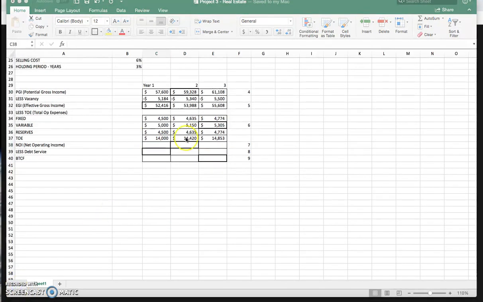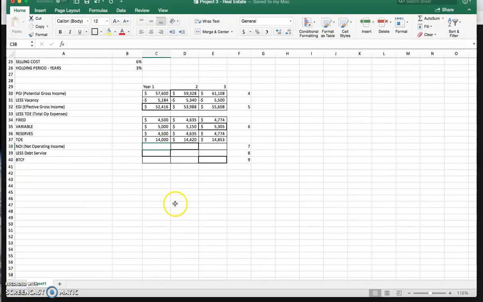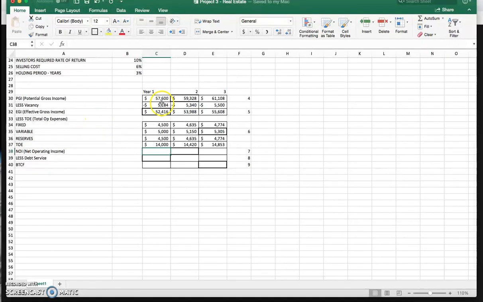Yeah, for the net operating income, you're just going to take the effective gross income minus the total operating expenses. C37, I think. Yep.